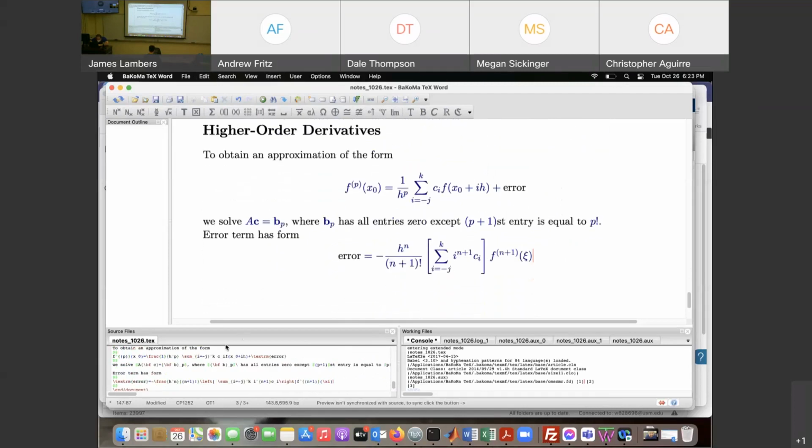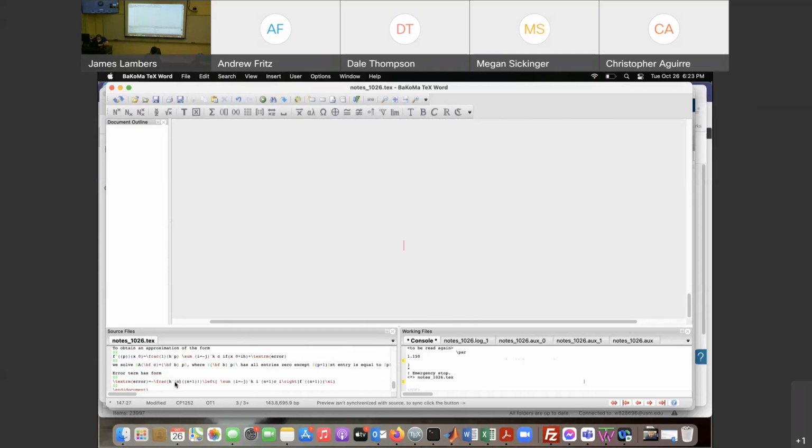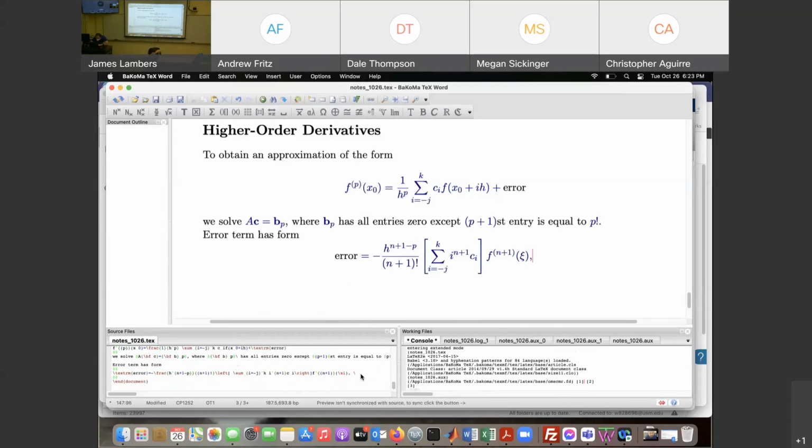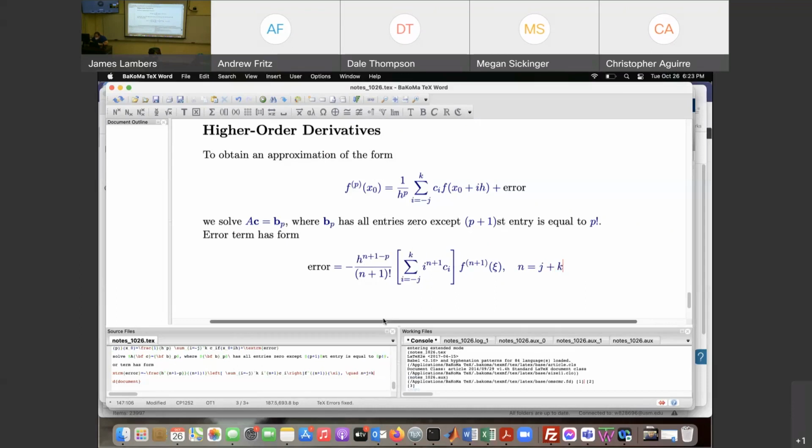All right, so it's going to be h to the n plus 1 minus p is the order of accuracy that you would get, where, as before, n is equal to j plus k.